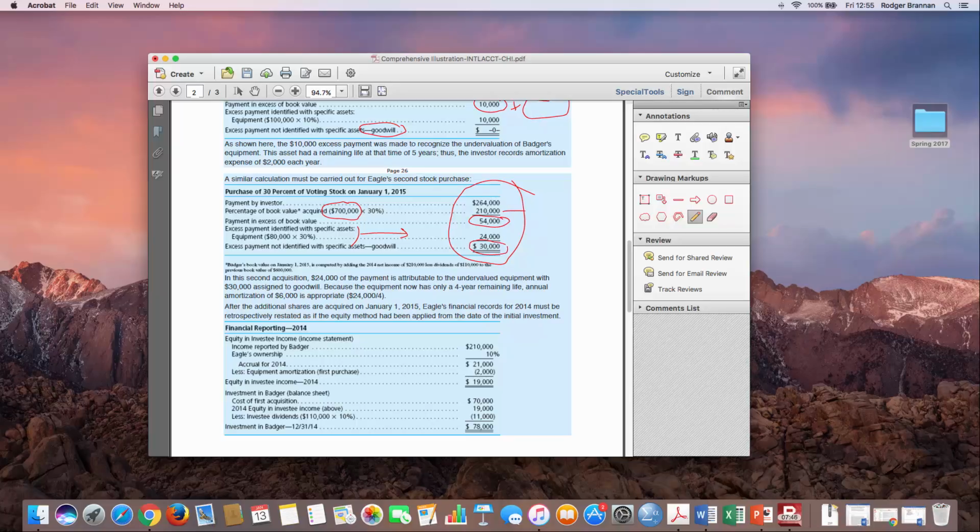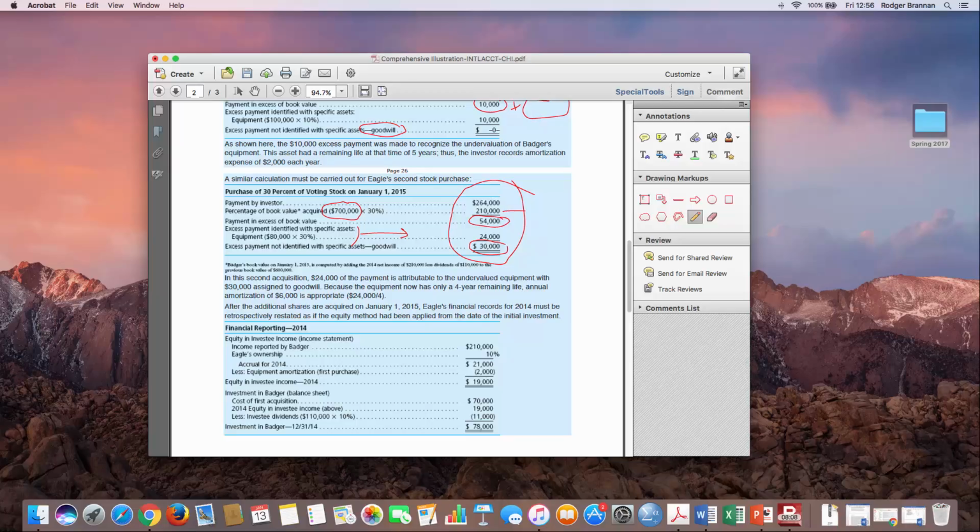Now, the rules are that if I contribute any excess payment to a specific asset, those assets will be amortized over their remaining life. And that amortization expense will be offset against whatever my portion of income would be from the subsidiary. Goodwill, on the other hand, is never amortized.